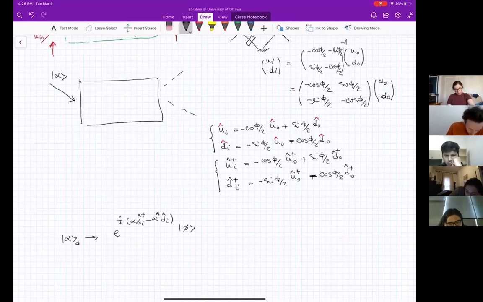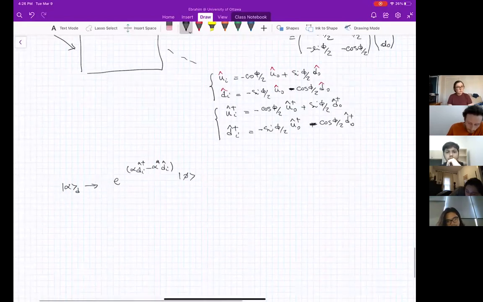Do you agree? There's no i in the displacement operator, of course, there's no i. My apologies. So what I have to do is just replace D in and D in dagger with the operators that I have here.